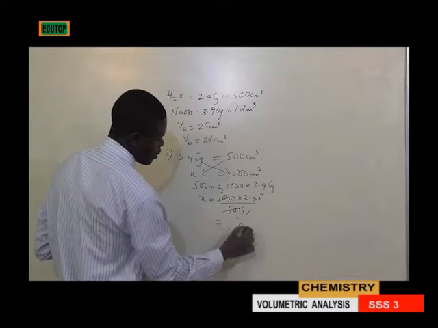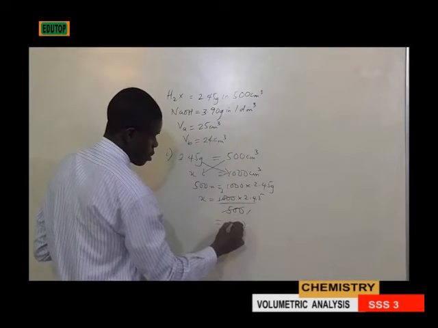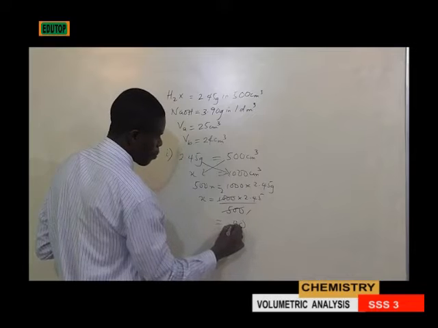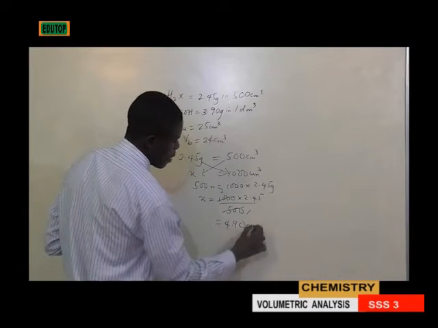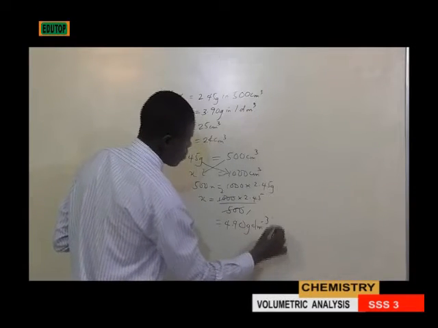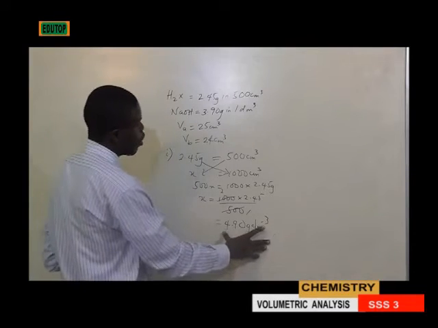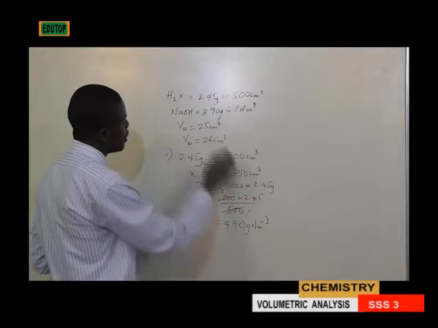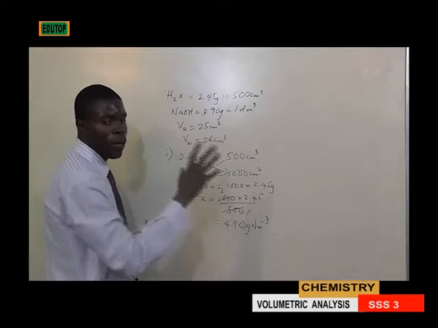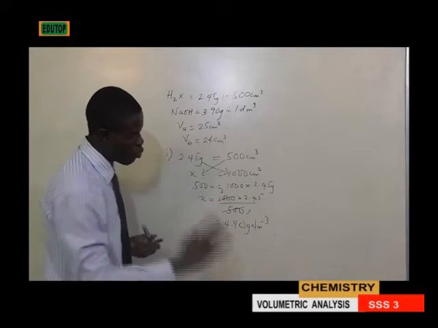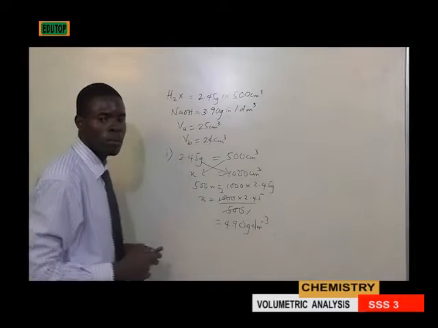That is 4.90 gram per dm cube. So this is the concentration of this acid in 1 dm cube, which is a standard solution.